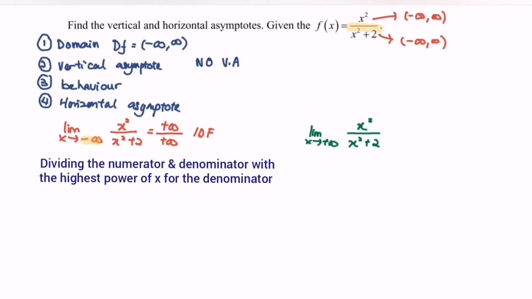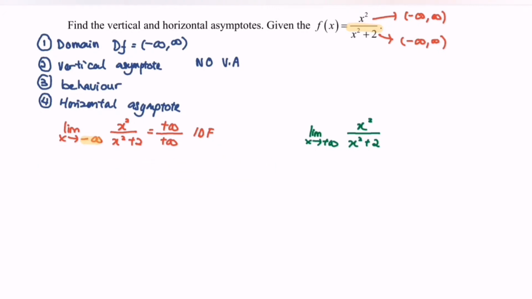Divide the numerator and the denominator by the highest power of x in the denominator. Repeat, divide the numerator and the denominator by the highest power of x in the denominator.